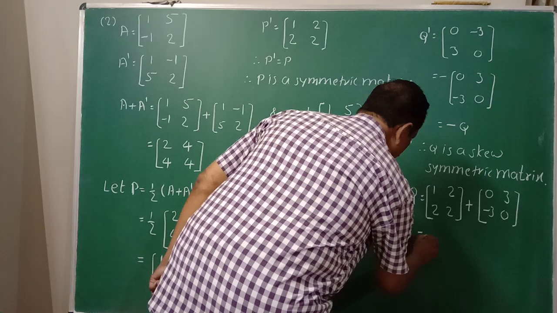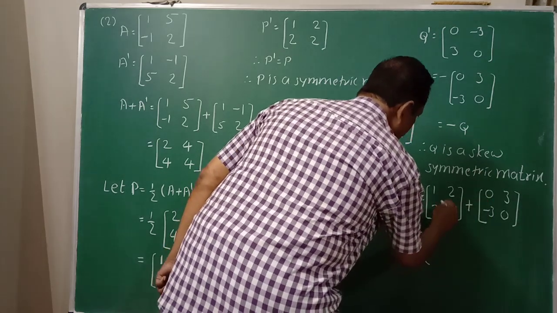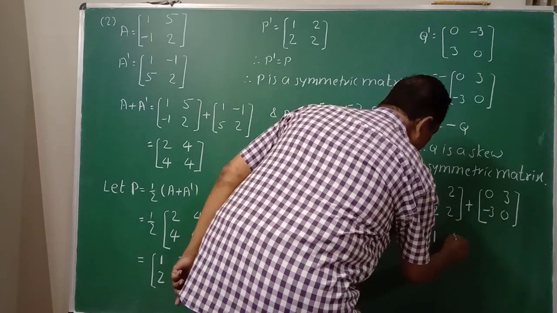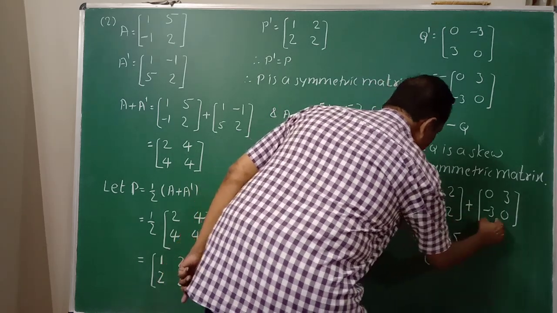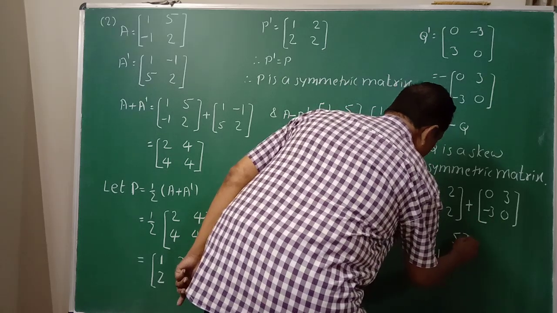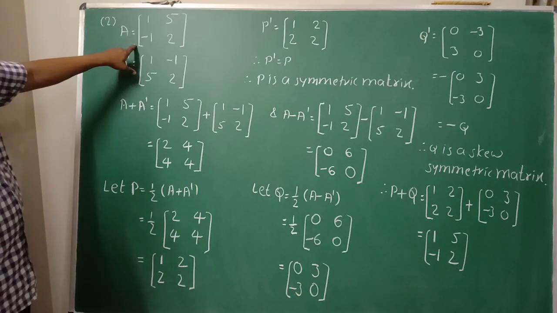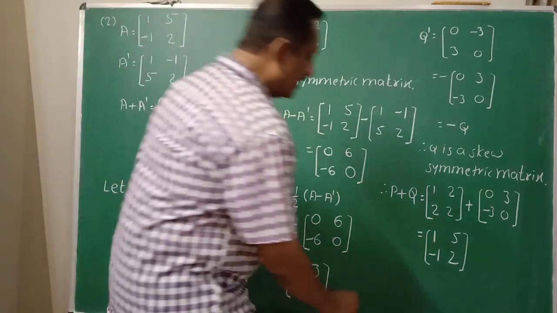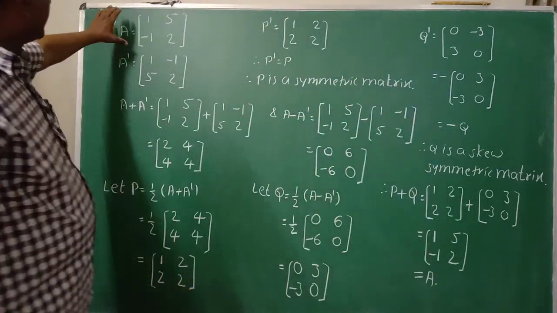Therefore this is equal to what here? 1 plus 0 is 1, 2 plus 3 is 5, 2 minus 3 is minus 1, 2 plus 0 is 2. Here this is a matrix A. Therefore this is the given matrix here.